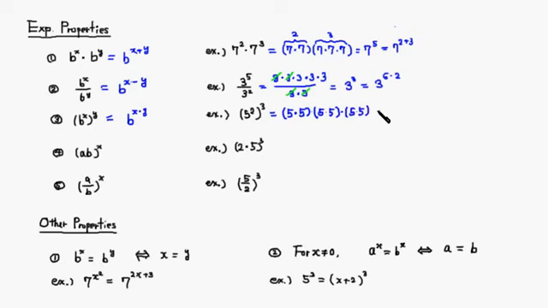How many 5's do we have? You have 1, 2, 3, 4, 5, 6. Where did the 6 come from? That is coming from the fact that you have 2 each, but you have 3 sets of that, 2 times 3, so that's why you have 5 to the 2 times 3. That's why b to the x raised to the y is b to the x times y.